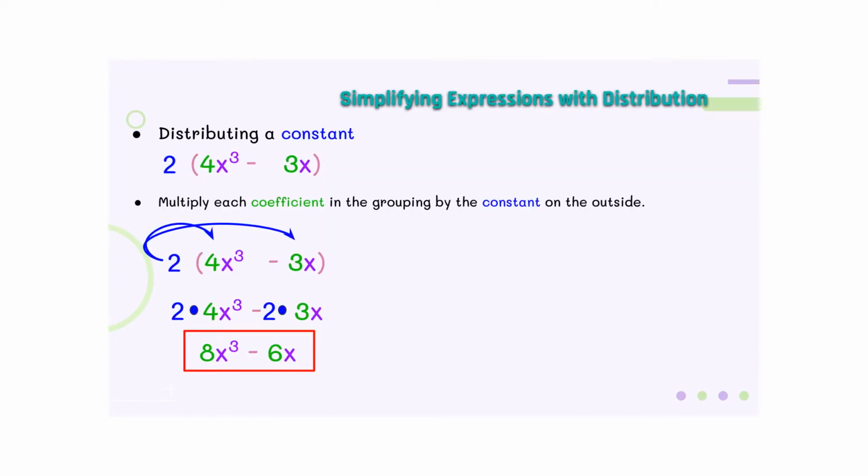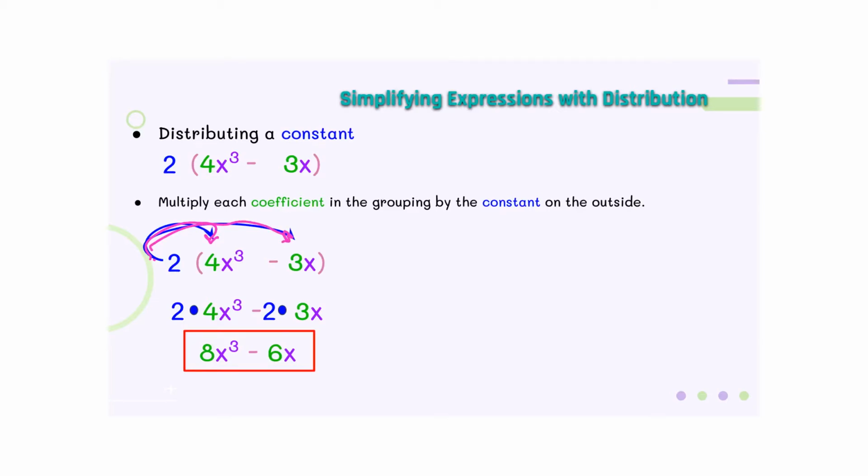Simplifying expressions with distribution. So distributing a constant. A constant is a term that has no variable attached. So if I wanted to distribute this 2 to everything inside here, I'm going to take the 2 and apply it by way of multiplication to everything inside.